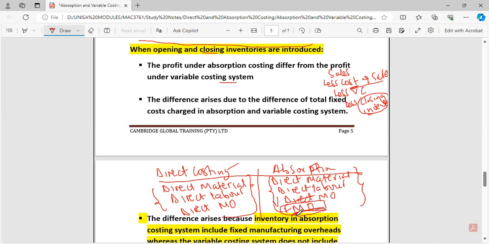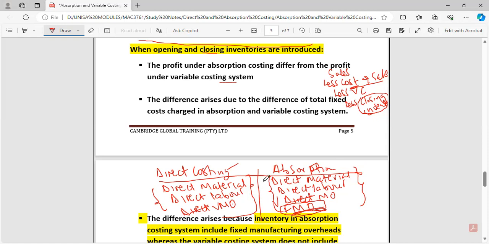In your valuation of closing inventory, you have included fixed manufacturing overheads, whereas here you don't have fixed manufacturing overheads, you only have variables, which means this is going to be less. The cost of the closing inventory here is going to be less. Then here the cost of the closing inventory is going to be more. So that's basically why the profit figures are going to be different.